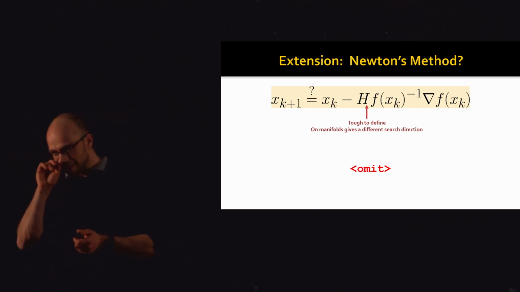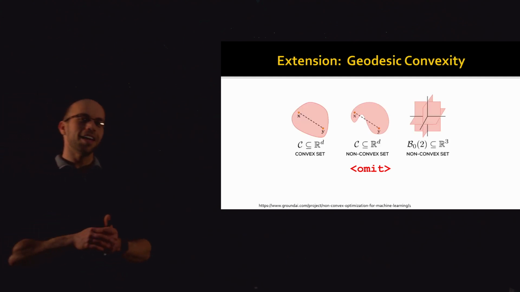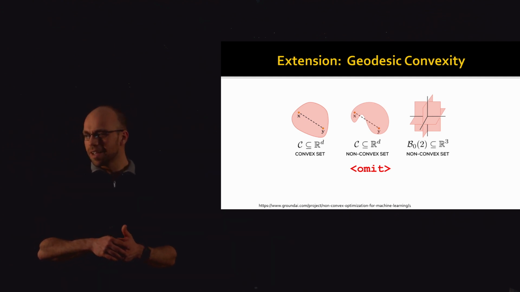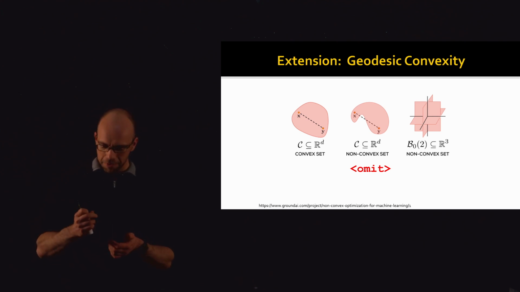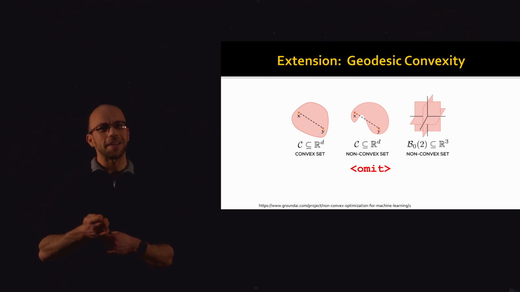I'll see, if there's sufficient interest among the students, we can return to this topic later. Another interesting extension, just to call out a few fun areas in the world of manifold optimization, is that you can actually define some notions of convexity. Just as convex optimization makes a lot of optimization problems easier to work with, or at least to prove theorems about, there's some notion of convexity that makes sense on curved domains, especially when they have negative curvature or when they have relatively small radius.